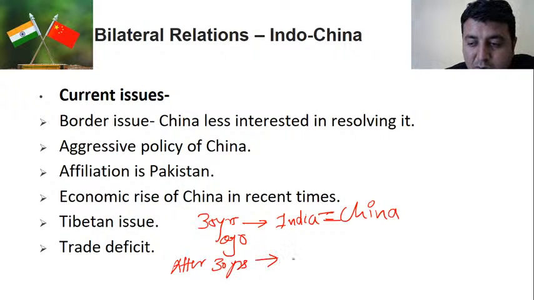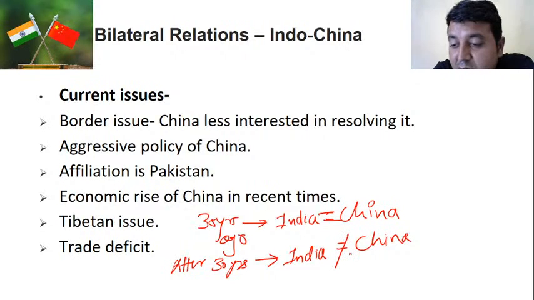After 30 years, can you say that India and China are equal? Of course not. What Manu said, China would be able to dominate trade and relations with other countries with weaker economies. 30 years ago we were on the same page, but after 30 years we are not, and that is a matter of concern. What Nilay said, if you want to dominate the whole of Asia, thus it is a matter of concern.